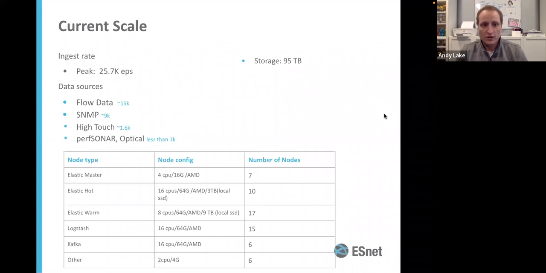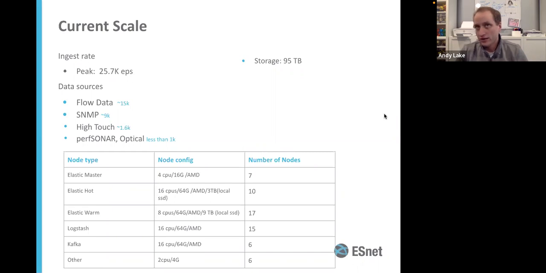We run a lot of this both in Google Cloud and on-prem. Next slide, I'll talk about what that split is. Elastic is all in Google Cloud. We have 95 terabytes of storage currently allocated for all of this. For the different data sets we keep different granularities, the flow data obviously being our biggest one, as you can see there.